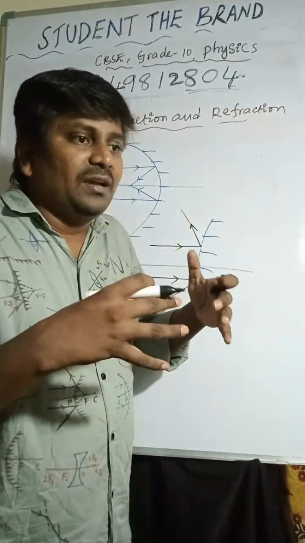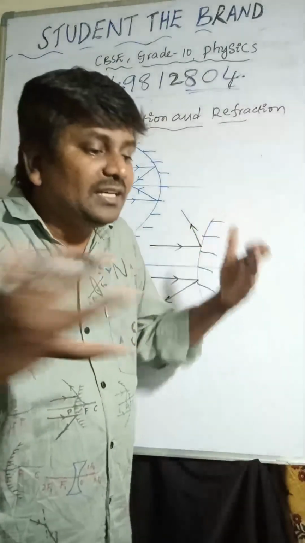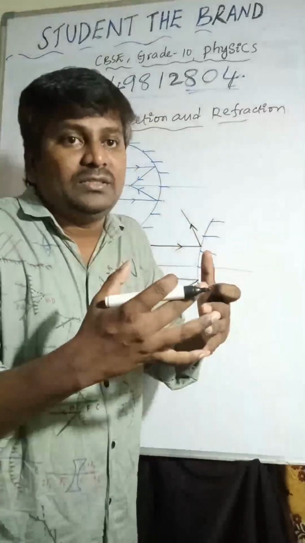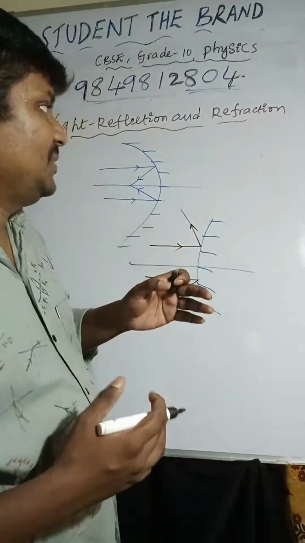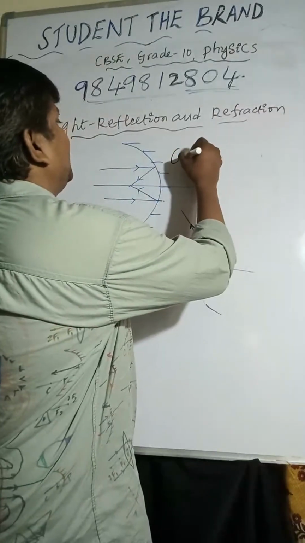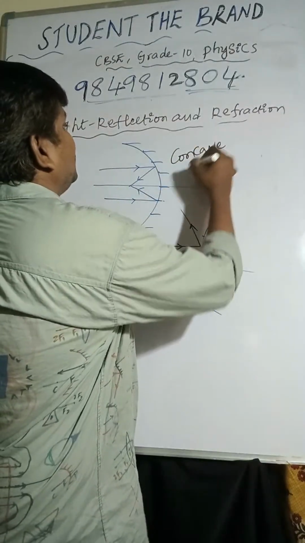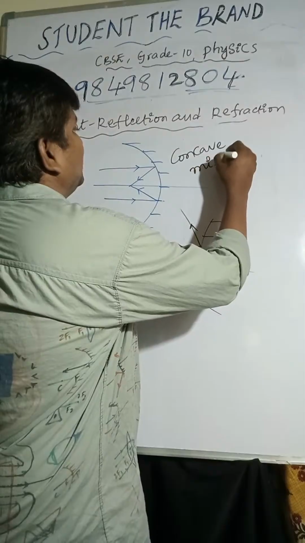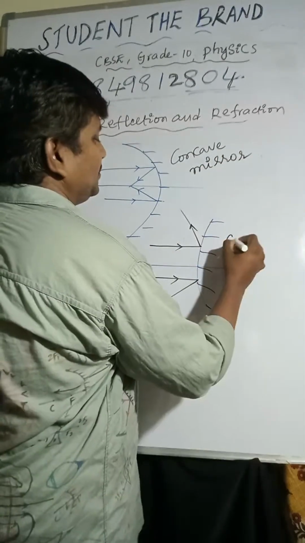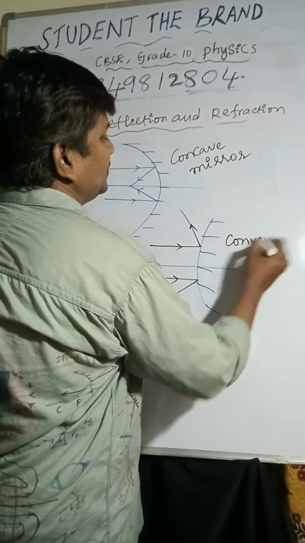So in a concave mirror, after reflection, light rays are converging, coming closer. Whereas in a convex mirror, after reflection, those light rays move away from it. This is a concave mirror, and this one is a convex mirror.